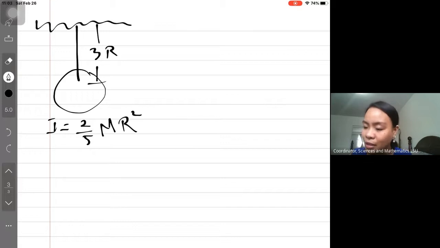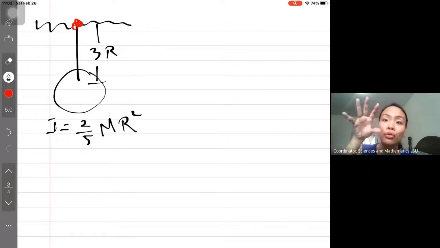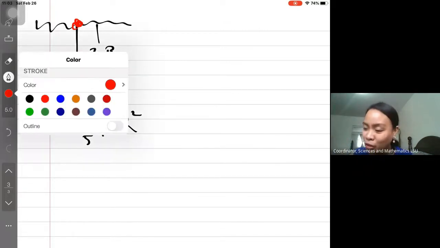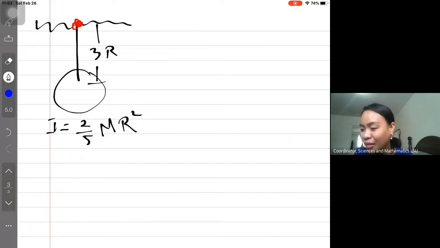Let's have that as our red, the point where we are going to rotate. The sphere will rotate there, and the string will also rotate there. So there are two objects rotating about that pivot point.